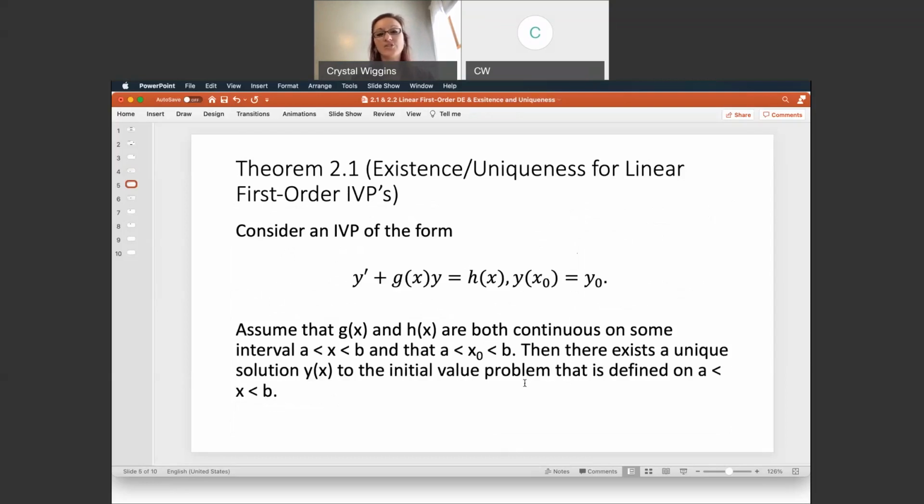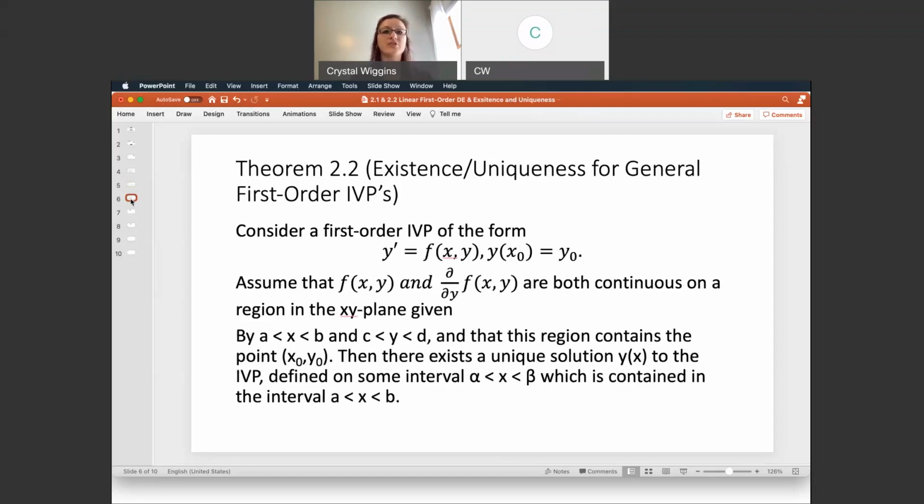So if we consider an initial value problem of the form in standard form, given some initial value x naught, y naught, we assume that g of x and h of x are both continuous on some interval between some value a and b, and the initial value exists on that interval. Then there exists a unique solution, y of x, to the initial value problem that is defined on this interval a to b.